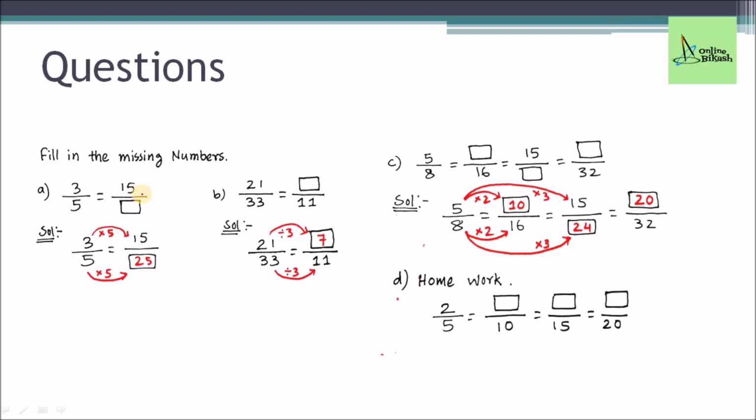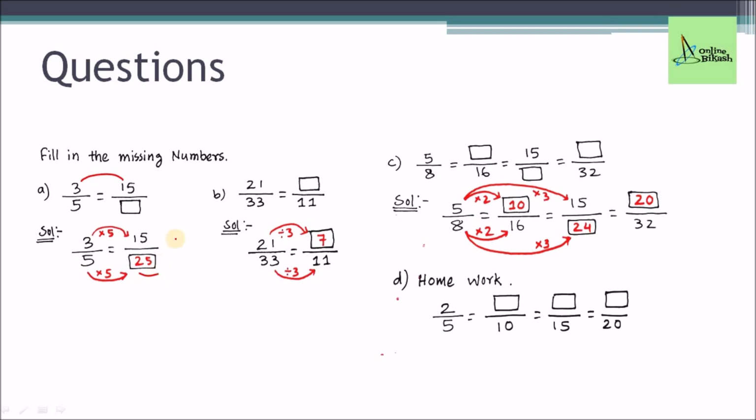So now you just need to find out what will you do with this 3 to get this 15. Definitely you will say we will multiply 5 with this 3. So the same thing you have to do with the denominator. So in the solution you see, try to understand this. We have multiplied 5 with this 3 to get this 15, so that 5 will be multiplied with denominator 5 to get the missing number.